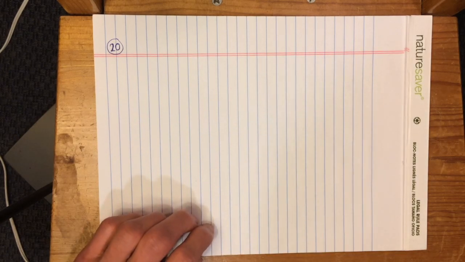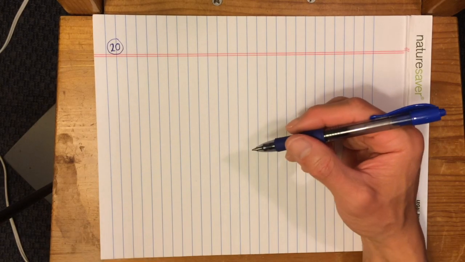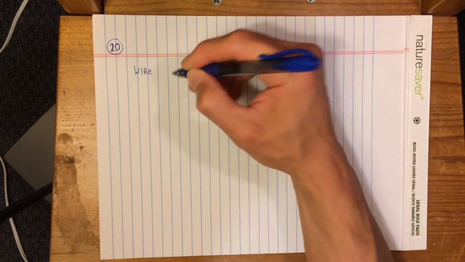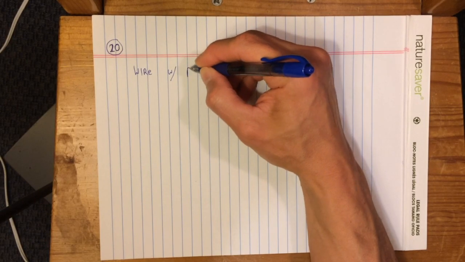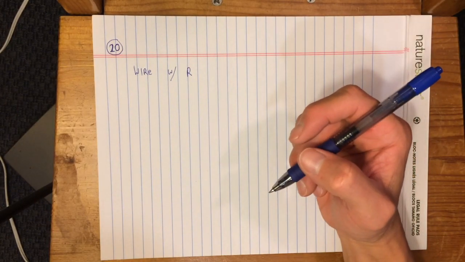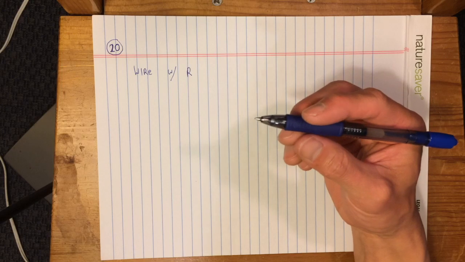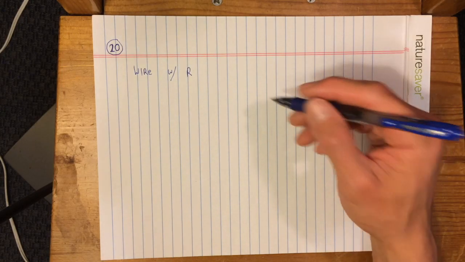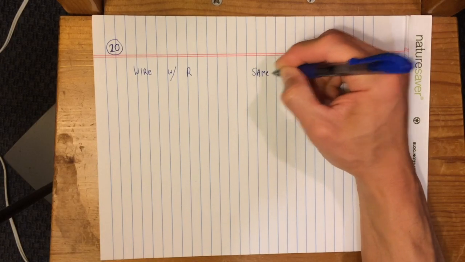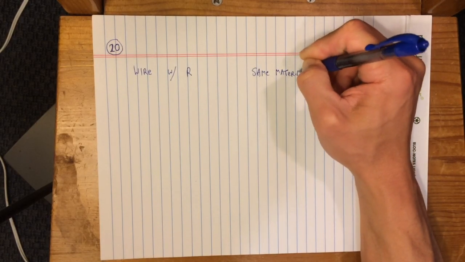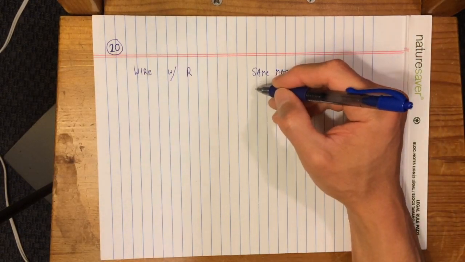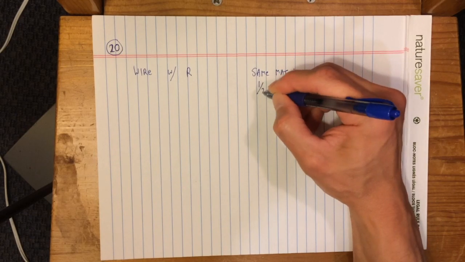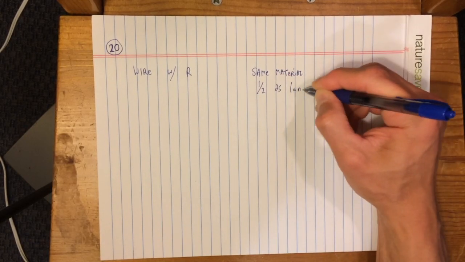Problem 20 says a certain wire has resistance R. So there is a wire with resistance R. And the question is, what is the resistance of another wire, a second wire, which is the same material, but let's see, it says half as long, so it's shorter, right?